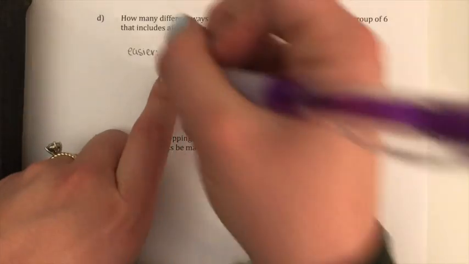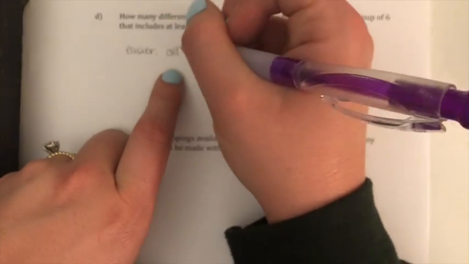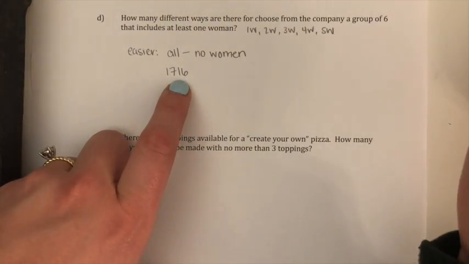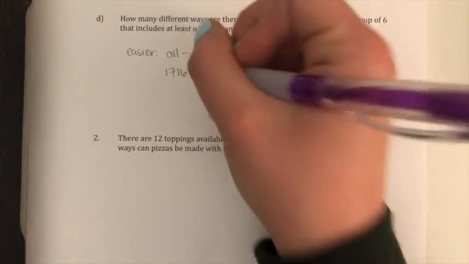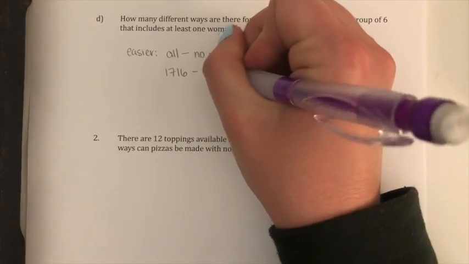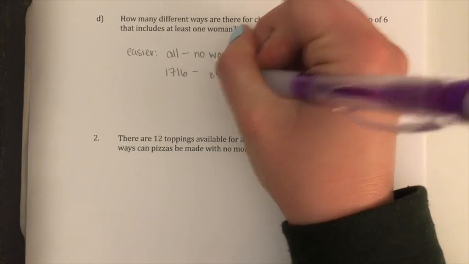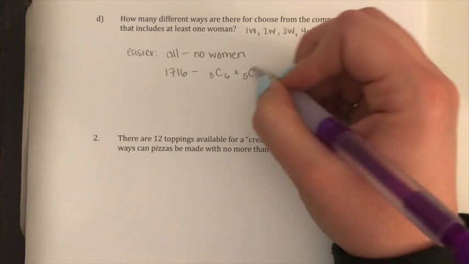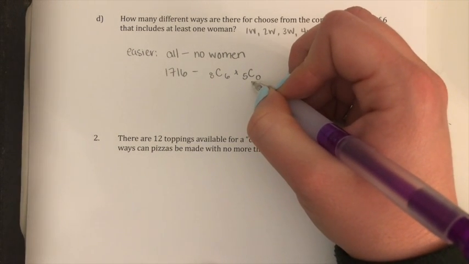We already figured out that choosing all of the people, all of the different combinations, is 1,716. Then the case where there's no women is 8 choose 6, times 5 choose 0. 5 choose 0 is just 1. There's only one way to choose none of the women, right?